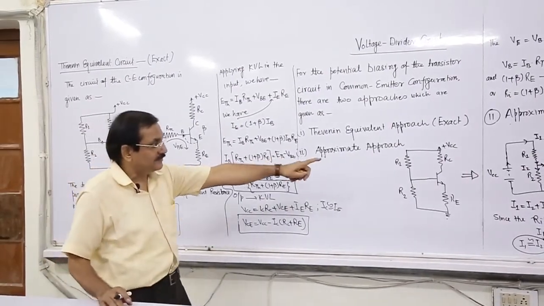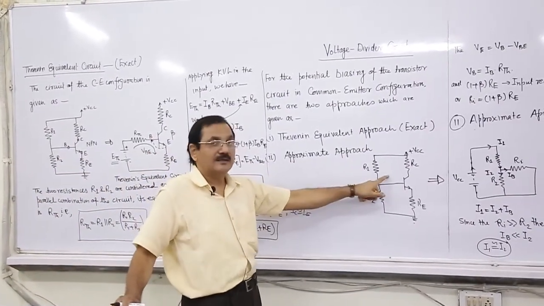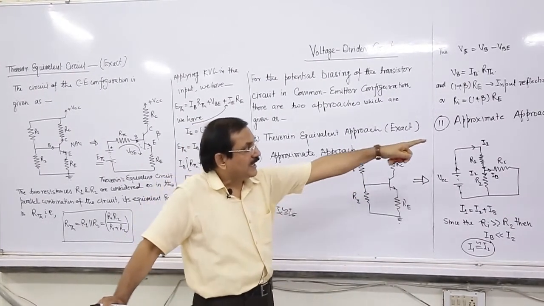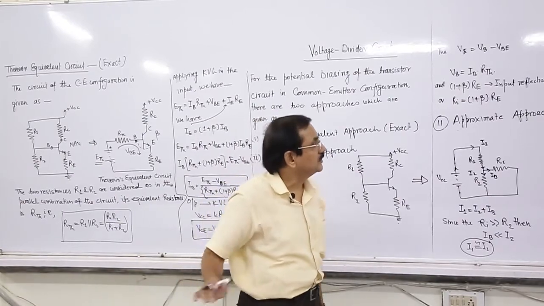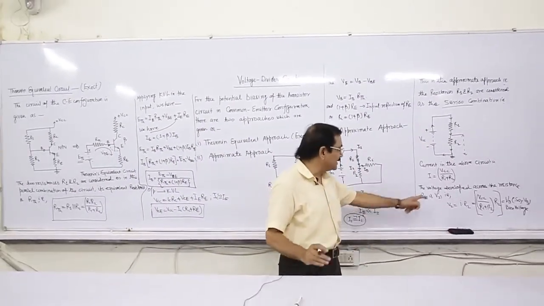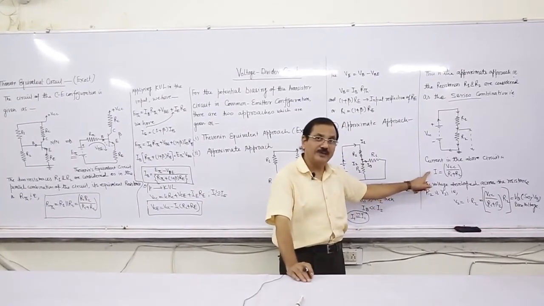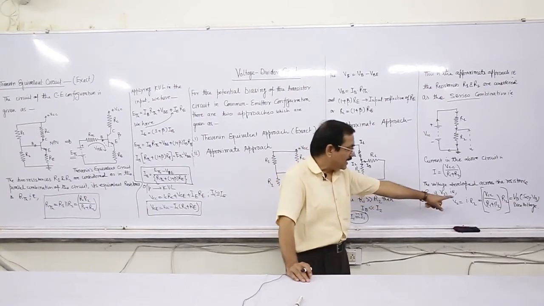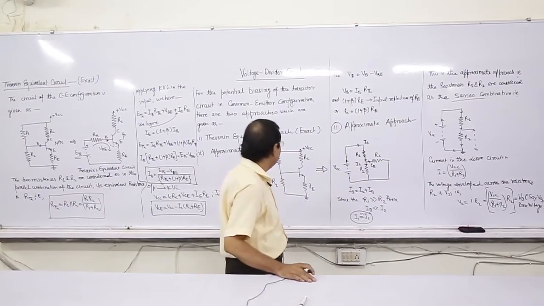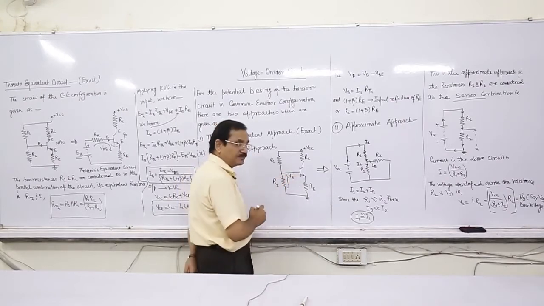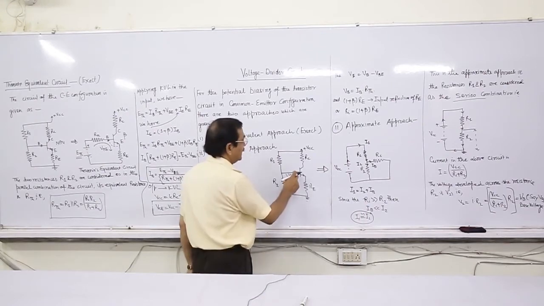And in case of the approximate approach, we consider R1 R2 as the series combination. From this series combination the current flows in the circuit, and then the potential developed across R2 is nothing but the base potential applied.